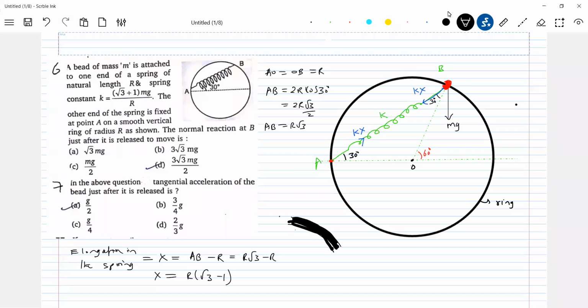You have to be very careful about the diagrams. In physics the diagram plays a very important role. I'm showing a part of the ring and the bead. So where is our bead? The bead is like this. Now, the spring force and the weight will try to pull the bead. Therefore, the bead will be in contact like this. This is the actual diagram.